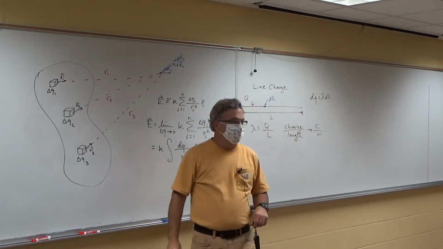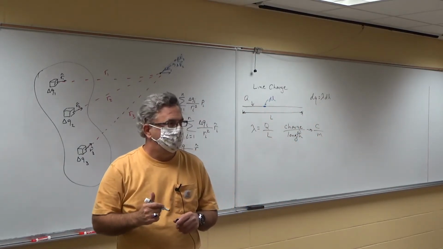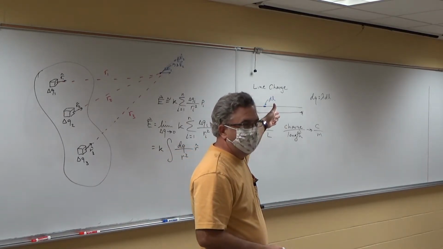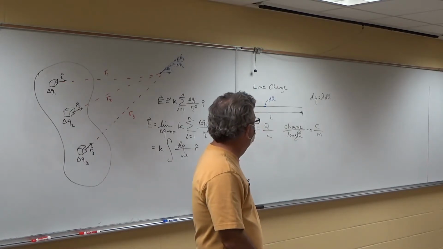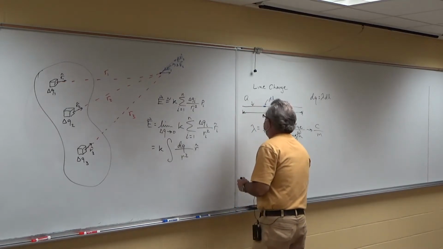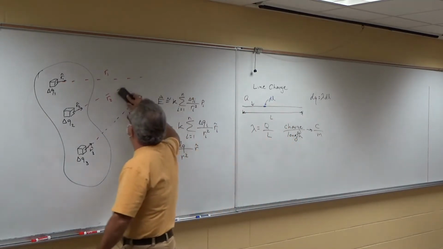It's just like any density that you come upon. It's the charge per unit length, you multiply it by a length, and you get the amount of charge. So dq is lambda dl. That's for a line of charge.